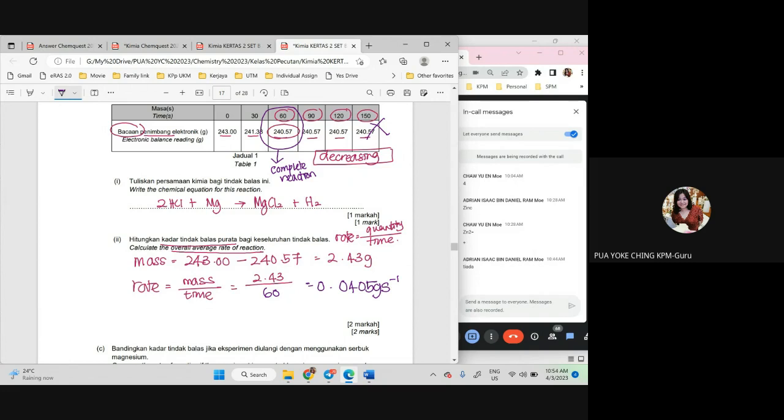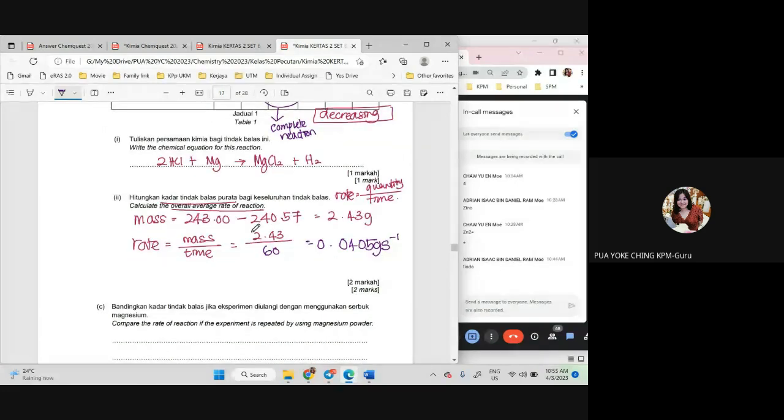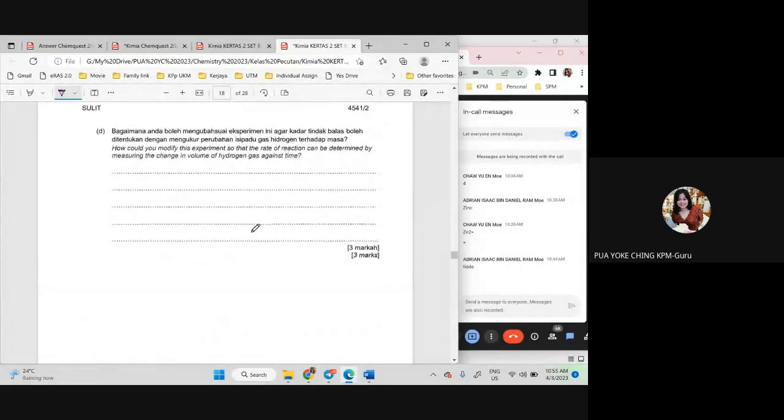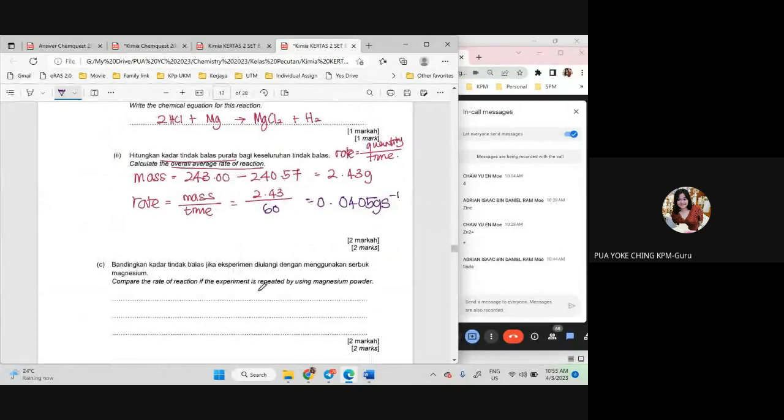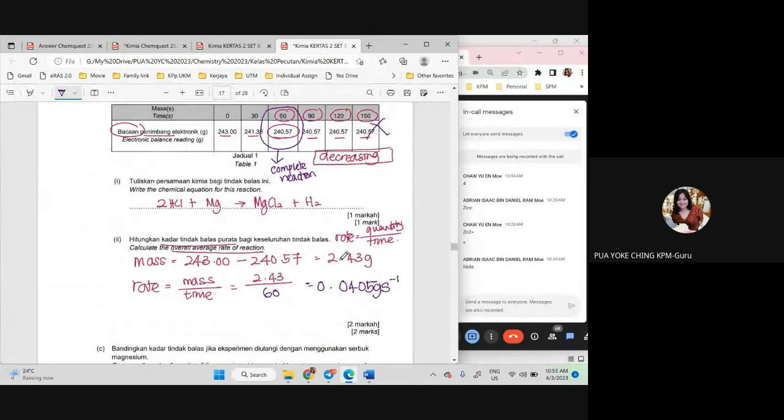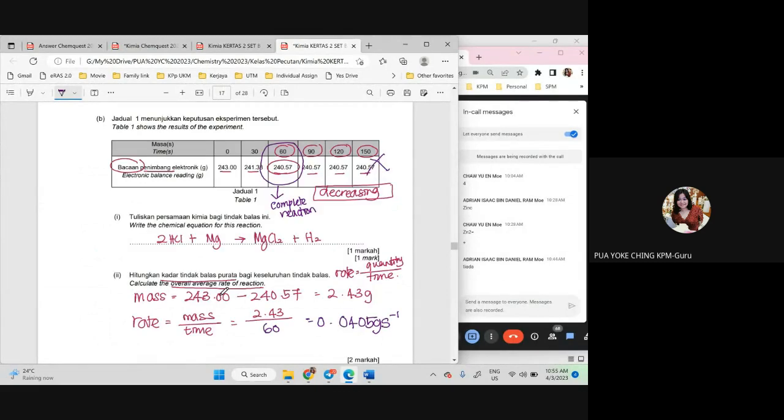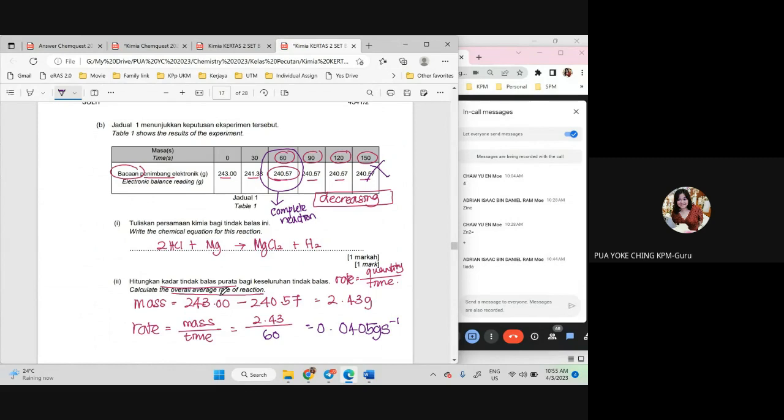So next. Okay, before I go to the bandingkan, I want to explain more in the overall average rate of reaction. Okay? Make sure you calculate betul-betul. Make sure you tengok apa dia nak lah. Okay?